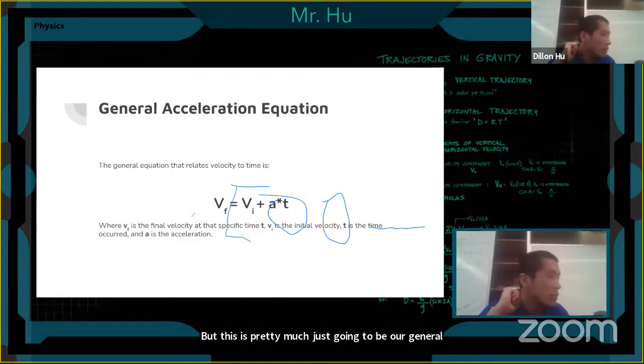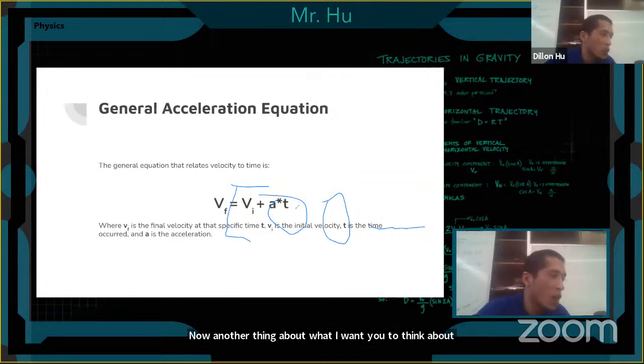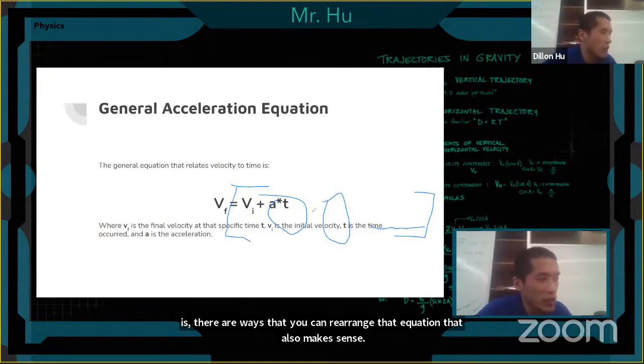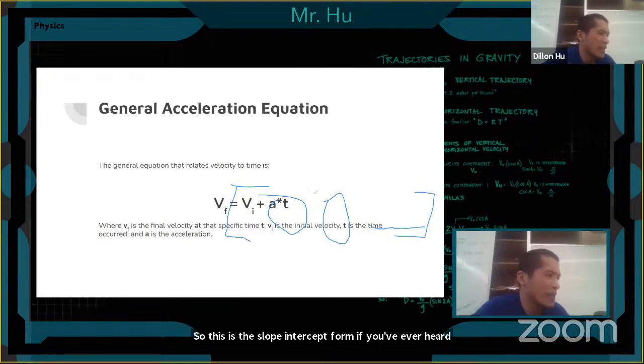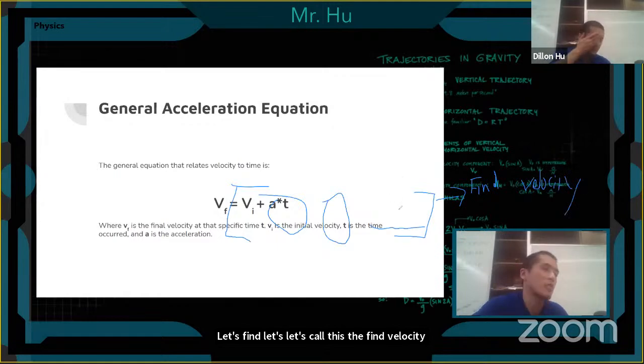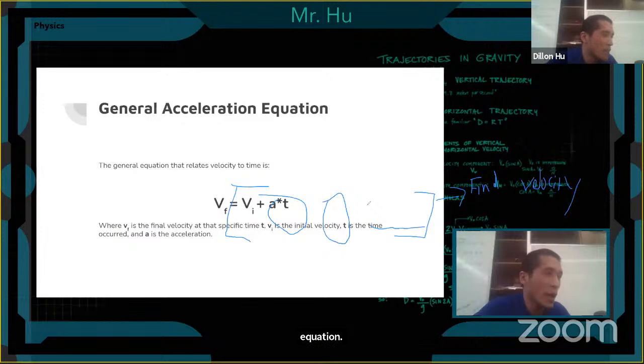Now, another thing I want you to think about is that there are ways you can rearrange this equation that also make sense. This is the slope-intercept form, if you've ever heard that terminology. But let's call this the final velocity equation with acceleration. Now you can also rearrange this, so maybe instead of finding the velocity, we're finding the acceleration.